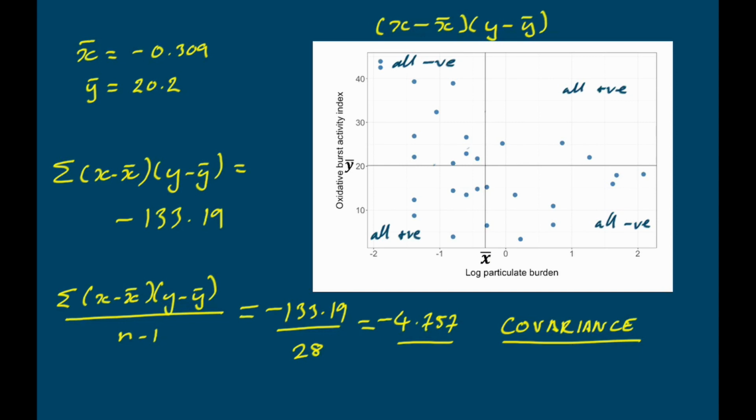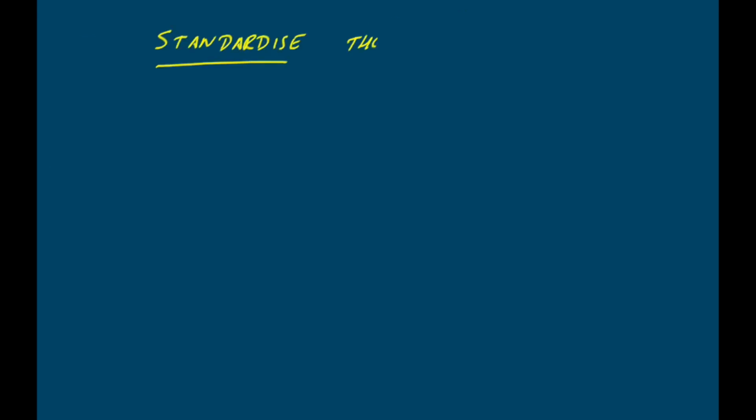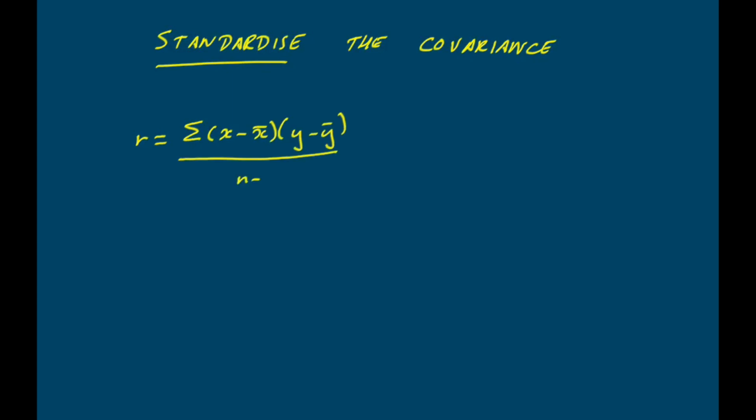It depends on the size of the numbers that you're putting into it, and we want to correct for that as well. And we can do that, we can standardize the covariance, and we do that by calculating this quantity. So on the left we've got the covariance that we just calculated, and then we're going to divide our calculated value for the covariance by the standard deviation of x multiplied by the standard deviation of y.